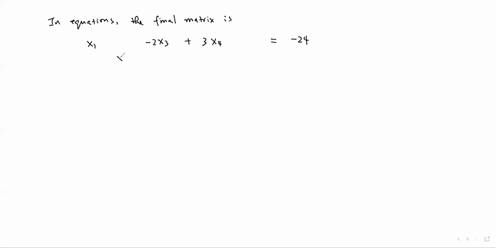Second equation is x2 minus 2x3 plus 2x4 and also no x5 because the coefficient of x5 is 0. Then is right hand side. Third row, x3 is 4. This linear system is simple enough.